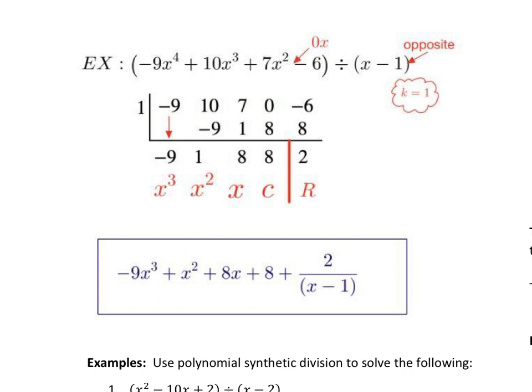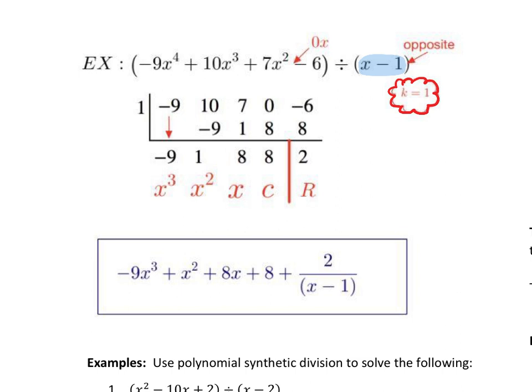What I want you to first maybe put a bigger box around is the fact that the house number is equal to 1. If the binomial right here says x minus 1, you always use the opposite term for k. So instead of minus 1, we're using plus 1, so a positive 1.